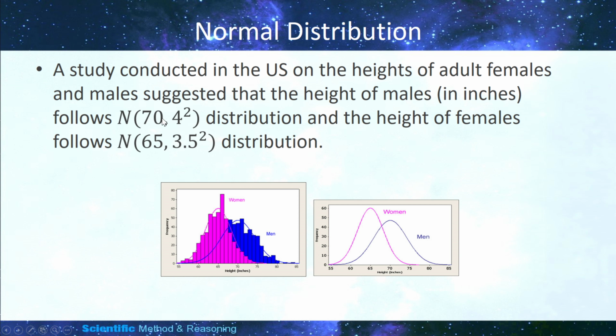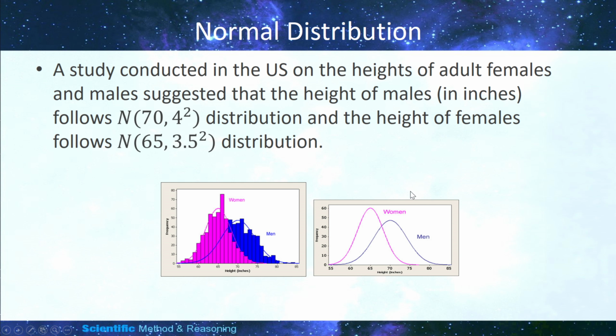We can compare the spread, whether the spread of the height of the males is greater than the spread of the height of the females. Then we have quantitative measures to compare. And very often, the normal distribution is a good approximation to many real-life examples, just like the height of the females and the height of the males.